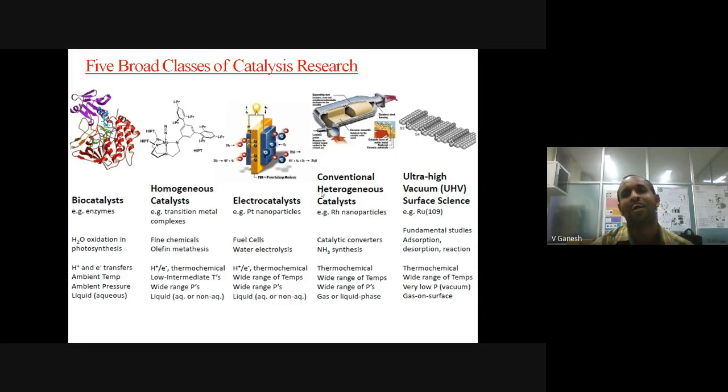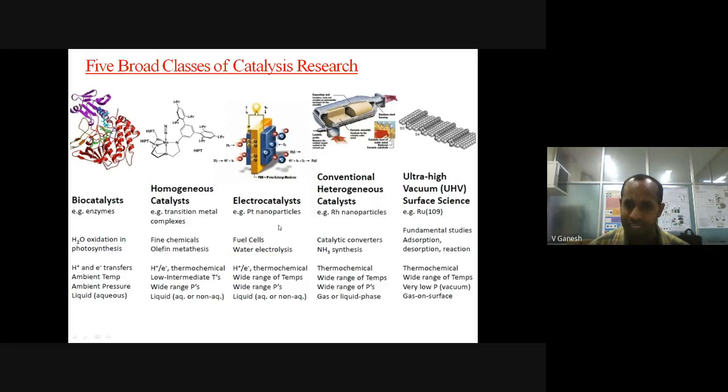But right now, in electrocatalysis, we have water electrolysis and fuel cell reactions. What do I mean by fuel cell? Mainly the oxygen reduction reaction at the cathode and oxidation of fuels like methanol, ethanol, CO2 conversion, etc. in the anode chamber. Those reactions comprise electrocatalytic reactions.